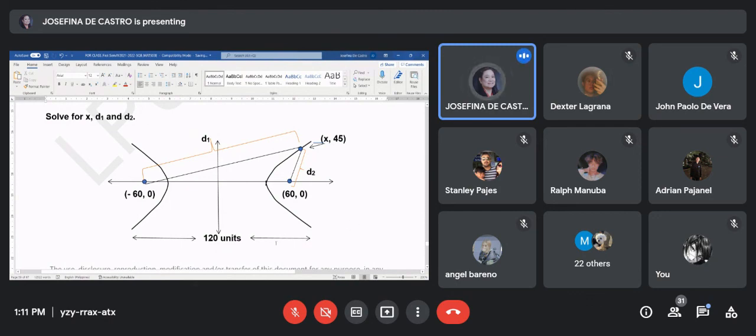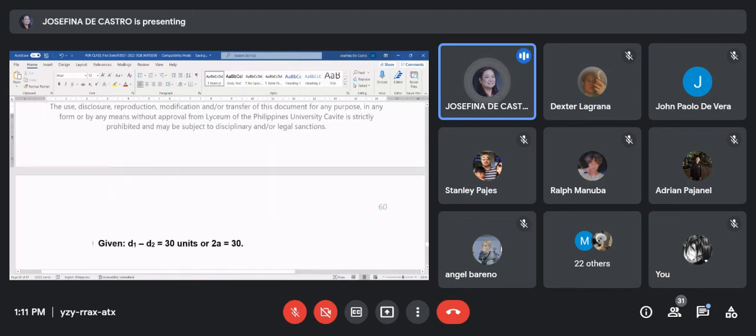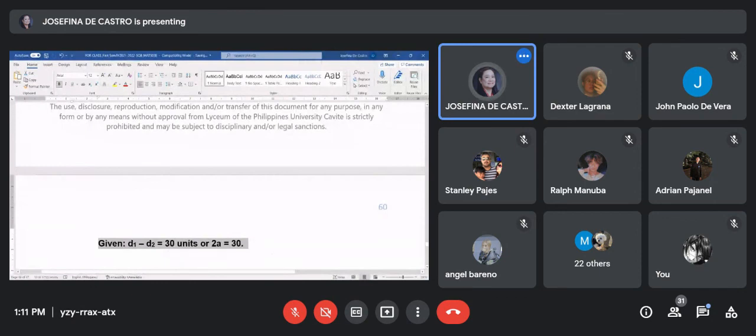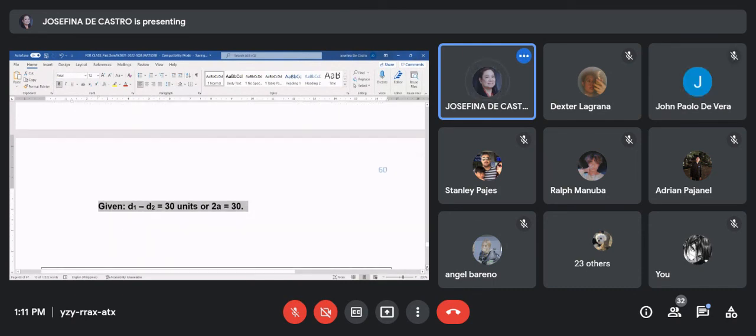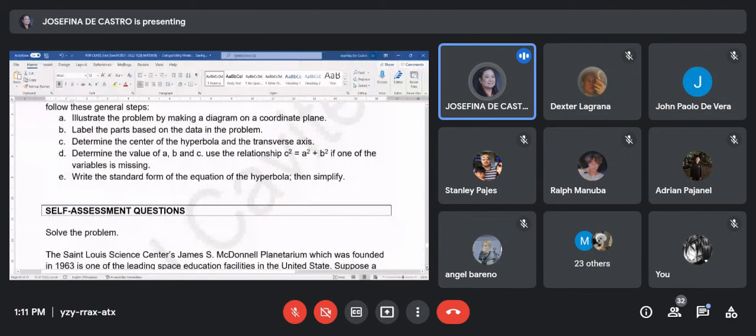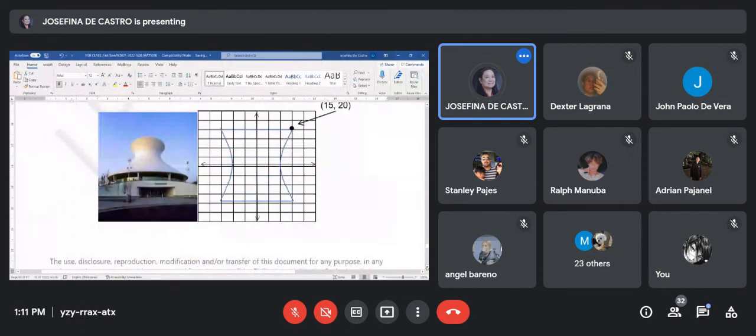Binigyan ko lang ng isang sitwasyon. Given the difference of the distances is 30 or 2a is equal to 30. Kasama po itong condition na to. Okay. Tapos na po.